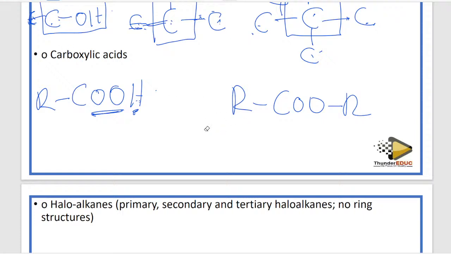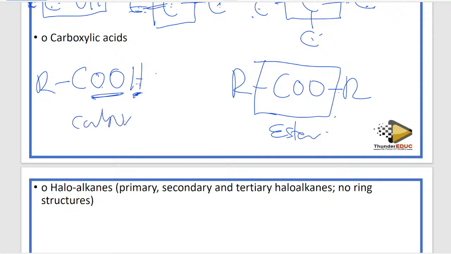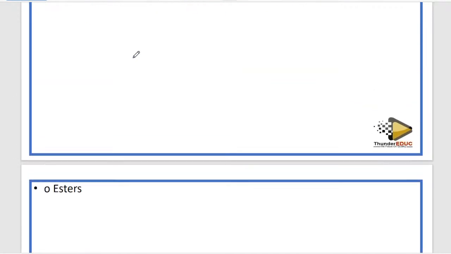Check here, whereby here the hydrogen is ending, while here it's not hydrogen, it's something else. It could be another molecule of carbon atoms. So that's the difference. Once you see it like that, you just know that that is an ester, while this one is a carboxylic acid. So these two, we call them sisters and brothers. We shall see it when we go to each topic in detail. So it means that I've talked about the esters.